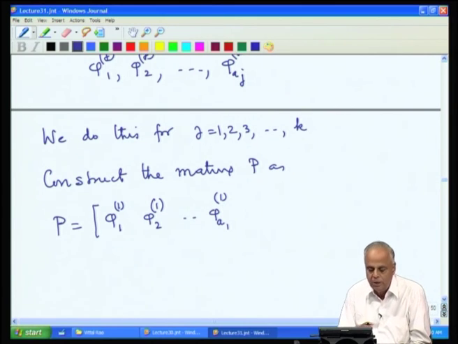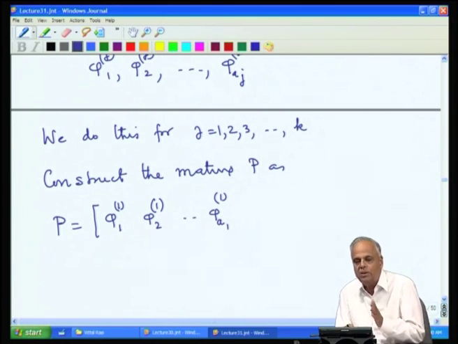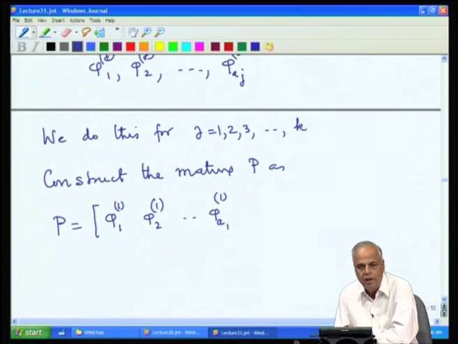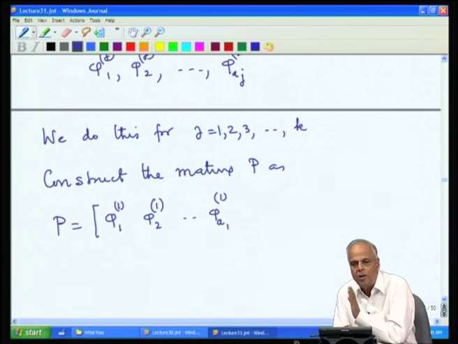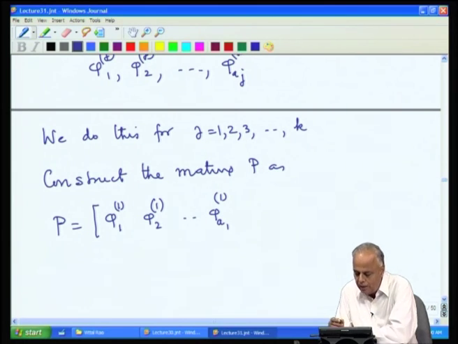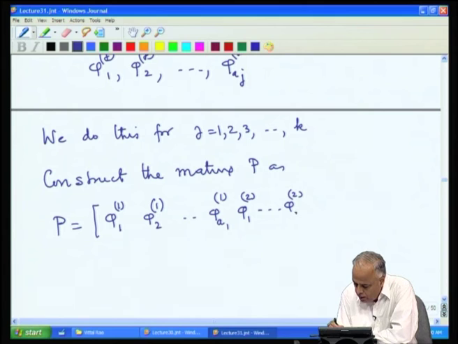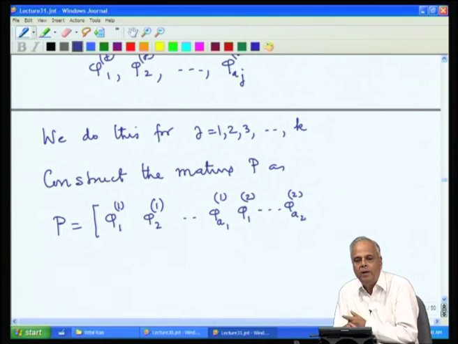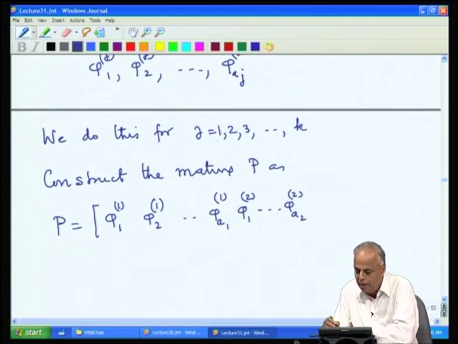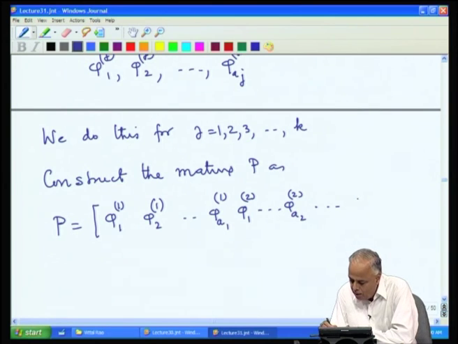Take these a 1 basis vectors and put them as the first a 1 columns of P. This decides the a 1 columns of P. We need totally n columns. Then we write the next a 2 columns, which correspond to the eigenvalue lambda 2. We continue this process and the last a k columns will correspond to the eigenvalue lambda k.